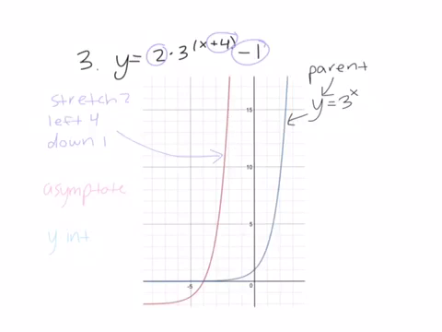So the asymptote for our new graph, y equals 2 times 3 to the x plus 4 power, minus 1. The asymptote is right here. I shouldn't have cut the graph off, but the asymptote is right about here, and that is negative 2 about.